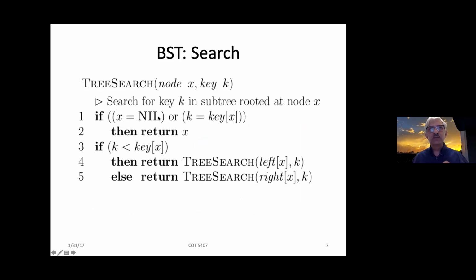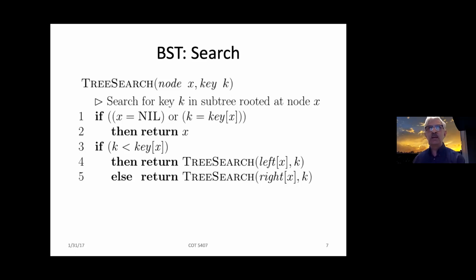So it checks whether the node where you want to start the search is an empty node, a nil node. If it is, then you just return X. In this case, that X would be nil. It's also possible that the key you're searching for is stored in the node that you just looked at. In that case, again, you're going to return a pointer to this particular node, because that's where your search ended with success, or that's where your search ended with failure.